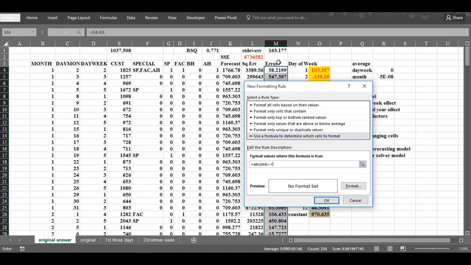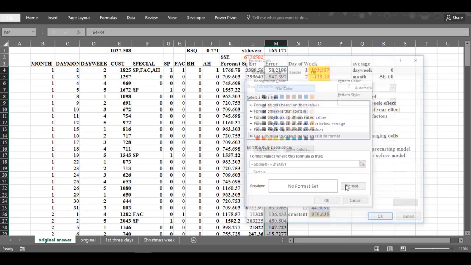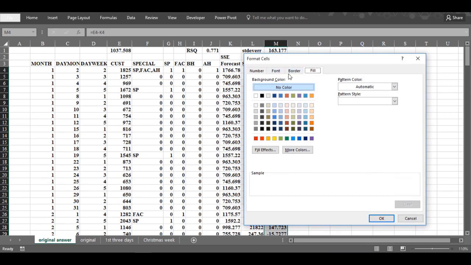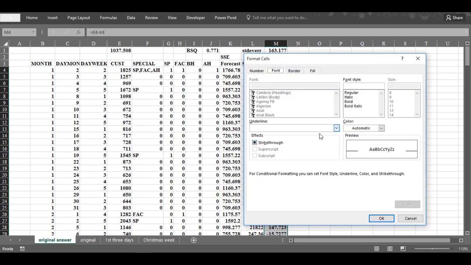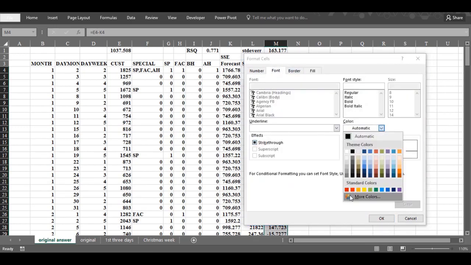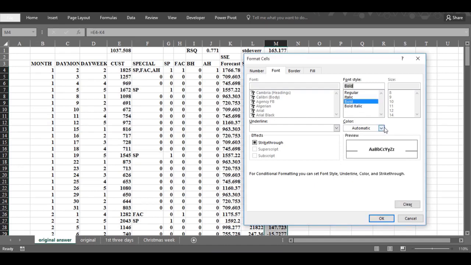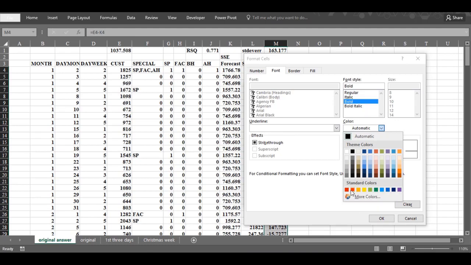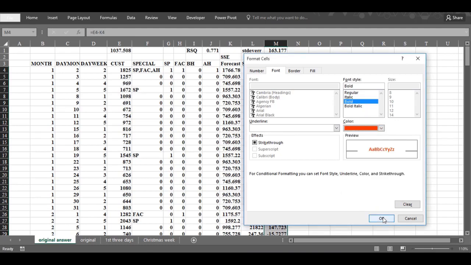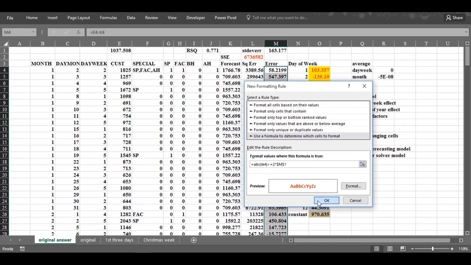If that's greater than or equal to 2 times this number, which should be dollar signed. Okay, then let's say maybe I'll put the font to be red. I guess I could do bold if I wanted to. Well, let's do just red. Okay, so then if I click OK, we should have the outliers highlighted.